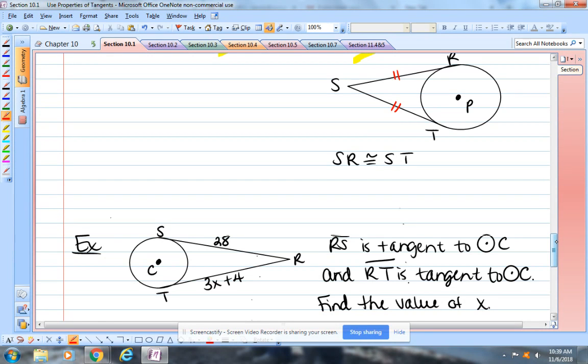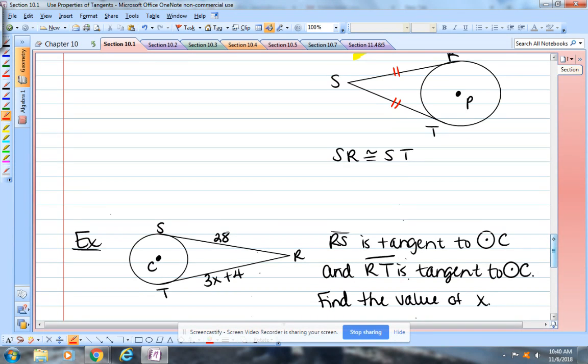But they tell you that segment RS is tangent to circle C and segment RT is tangent to circle C because they both connect to R and they're both tangent. Find the value of X. Well, besides knowing that both lines are tangent, what else do I know about those two segments? They're congruent because they both go out to point R, don't they? So I know that SR is congruent to TR.